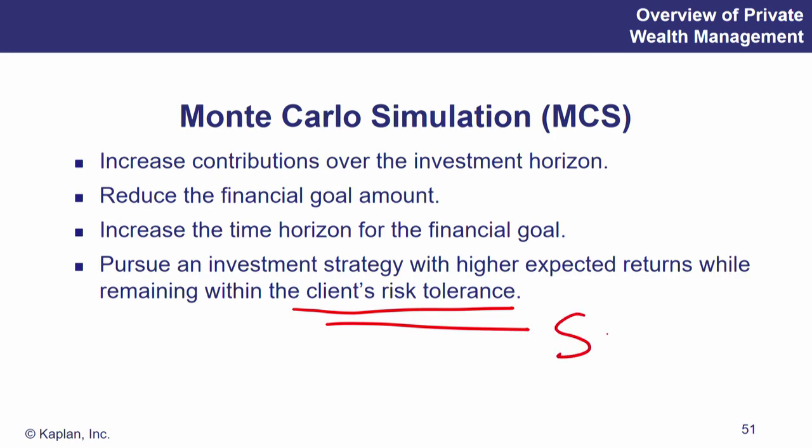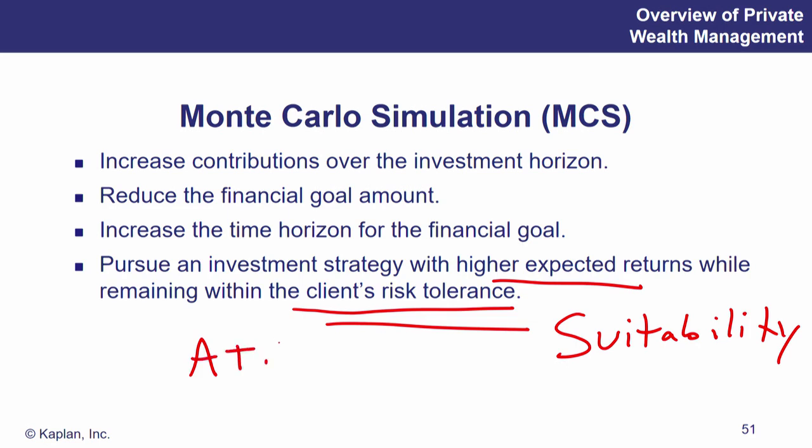And we're going to talk about this a lot in the other sections, but never forget about suitability. Just because the client wants higher expected returns, remember their ability to bear risk and willingness to bear risk. They may lack the ability to bear risk and or even the desire to handle risk tolerance.